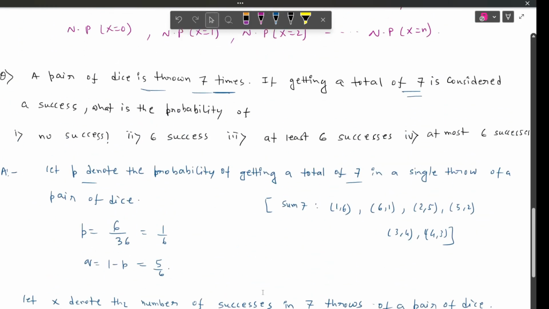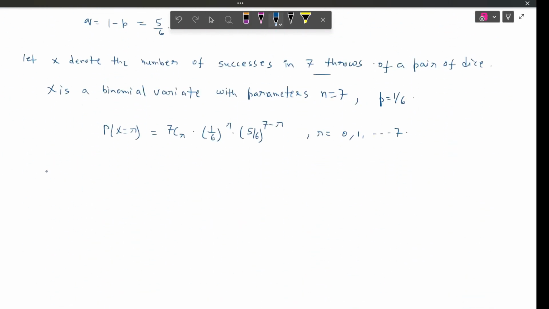So first question is no success. So probability of X equals 0, that means no success. So you have to put 0 in place of R. So it would be 7C0, 1 by 6 to the power 0, 5 by 6 to the power 7. So you will get it as 5 by 6 to the power 7.